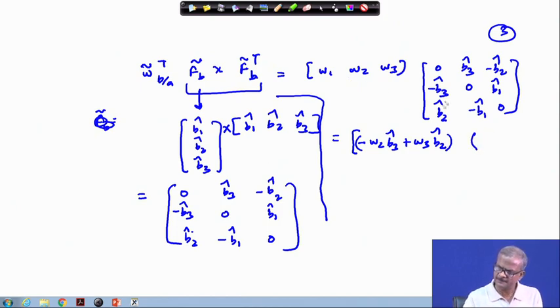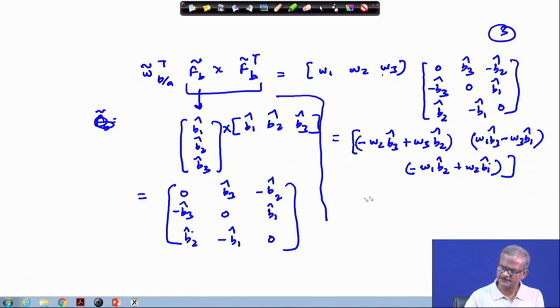Then omega 1 B 3 cap, then omega 2 this is 0, omega 3 minus omega 3 B 1 cap, and the third one will be omega 1 B 2 cap with minus sign, and omega 2 times B 1 cap, and the last one will be 0. So, you get these 3 terms.